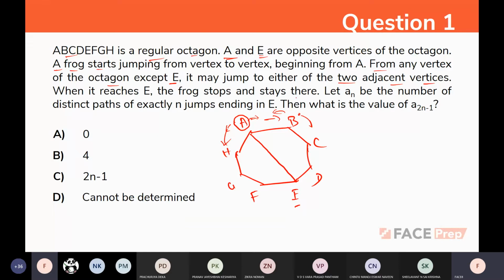Then when it reaches E, the frog stops and stays there.